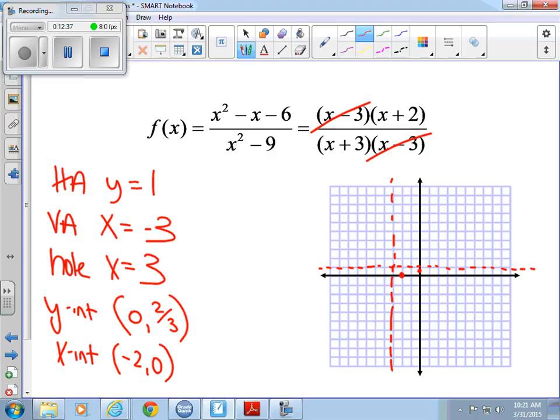Y equals 1, x equals -3. There is a hole at 3, so I'm going to go now to my calculator, and I notice that my calculator looks like this. When I come to 3, I'm going to put an open circle there to indicate that I know that there's a hole there.